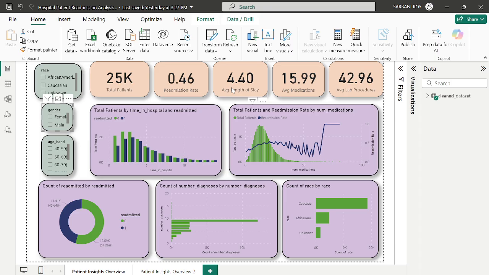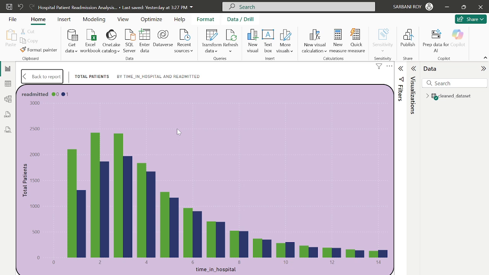Next, talking about the charts. The first chart is total patients by length of hospital stay and readmission. This chart uses the green shade for the patient counts and blue and green splits to represent the readmission.